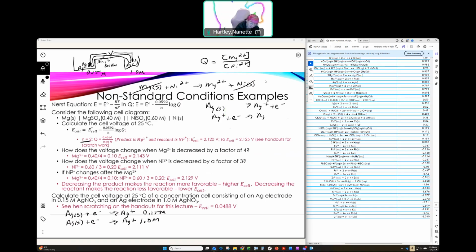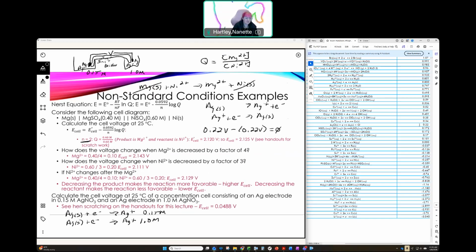If I add those two together, they cancel. And if I were to use the value for the E, I would have 0.22 volts minus 0.22 volts, which is 0.